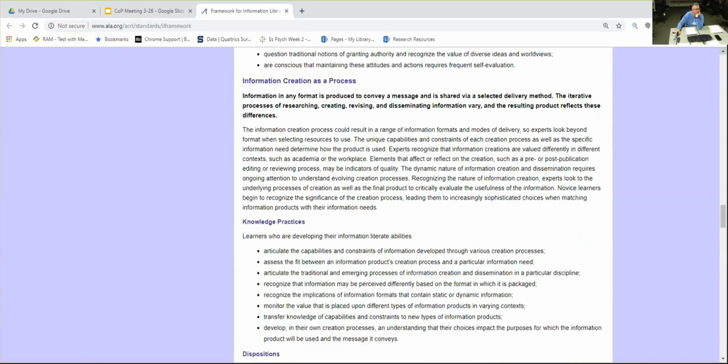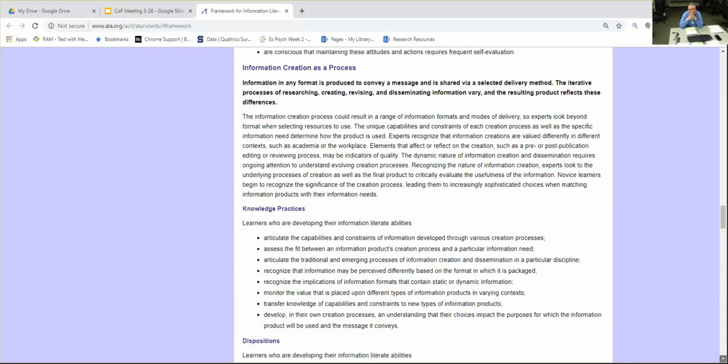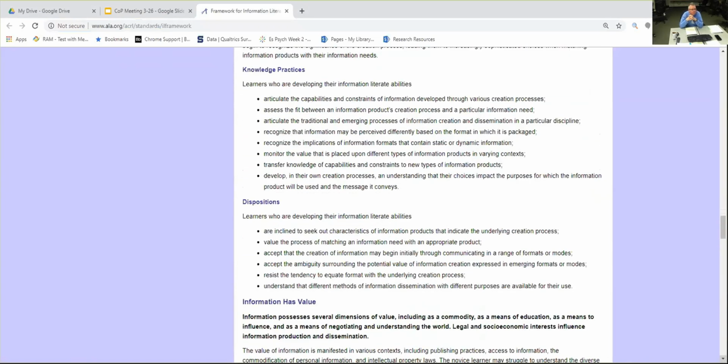Information creation is a process. They're basically taking a look at how information has various formats and modes of delivery. Experts look beyond formats, so it's like they're looking for the information. If we take a look at the knowledge practices and dispositions, we start to look at how information is created.